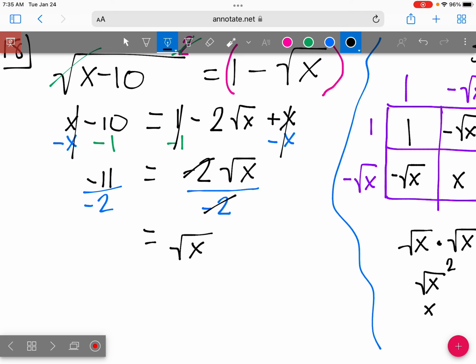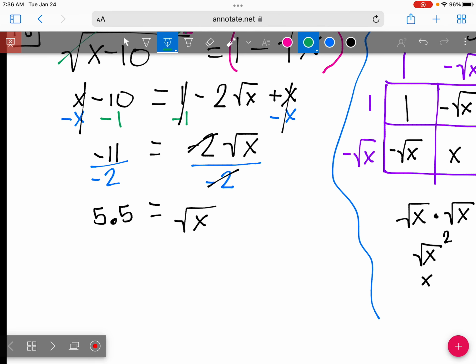You can do it as a fraction, or you can do it as 5.5. I genuinely do not care which way you put it. You could also just have it as 11 over 2, 11 halves. That works.